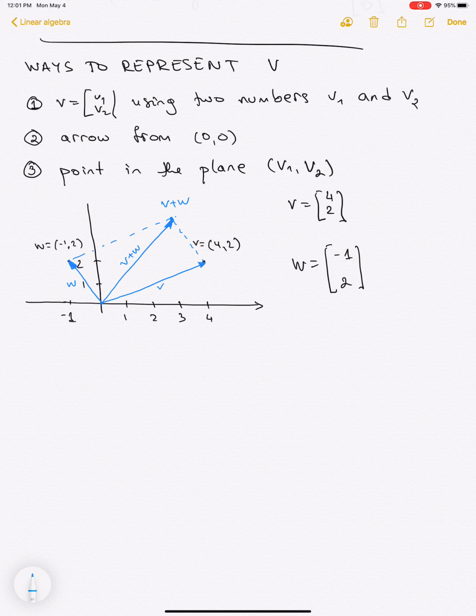Now, why is this important? Why is this interesting? It gives us a little bit of intuition about the things that vectors could potentially represent.